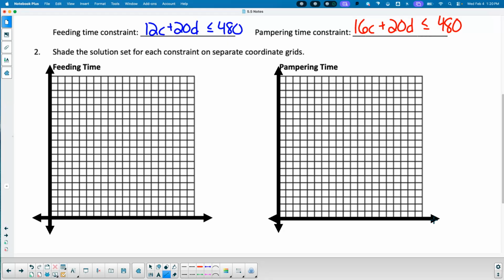Okay? So we said cats was C, we labeled that first. So let's put cats along the bottom. And we'll put dogs along the vertical. How do we want to graph them?